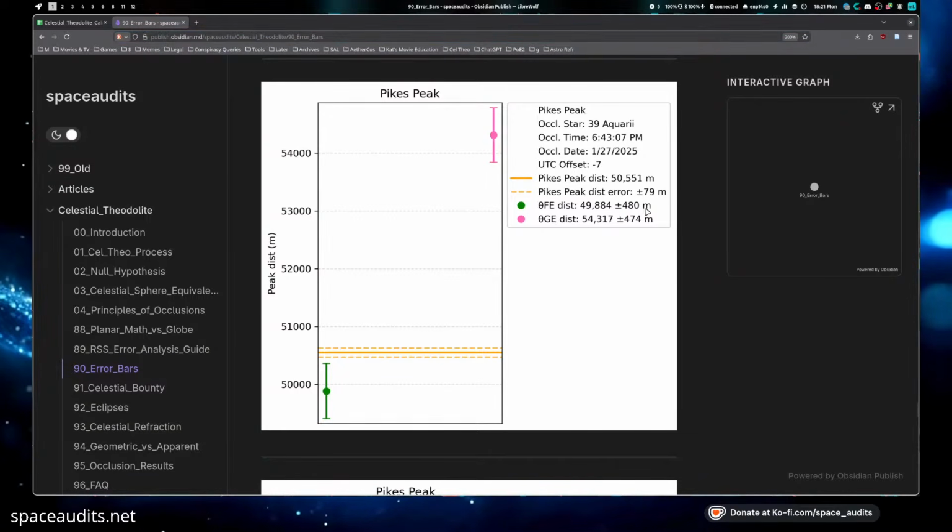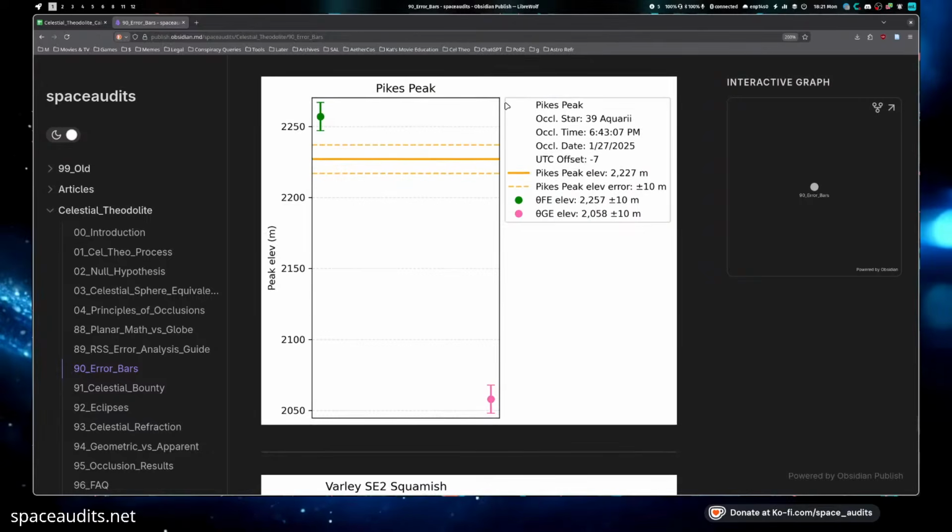So this plus 400 meters for flat Earth and plus 474 meters for globe, all of these are determined from that squared root squared sum process to give the error bars. So anyway, when we go through the occlusion timings and derive the elevations, we can see that we're closer on Pike's Peak.